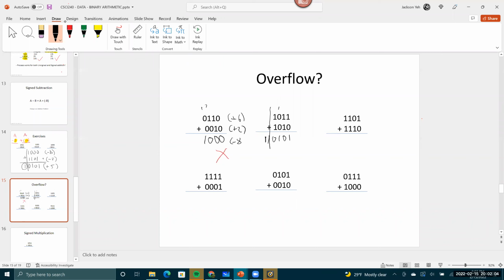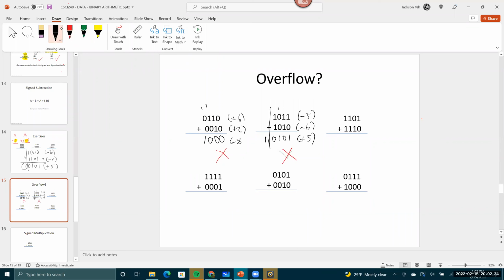So let's see, this is negative 5. The bottom is negative 6. And the answer is positive 5, right? So this is overflow. So obviously this is the wrong answer as well.